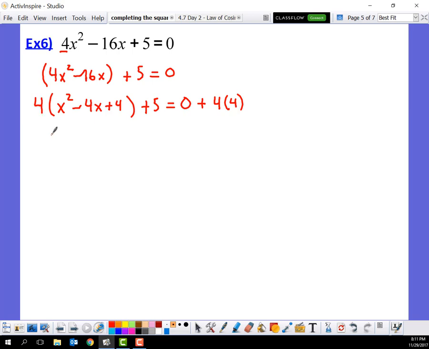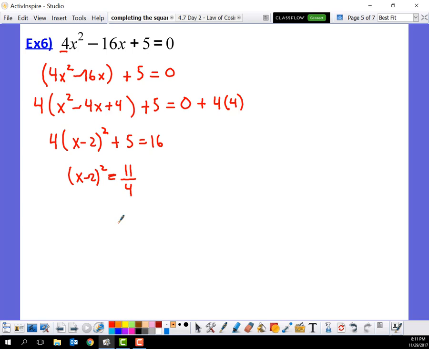Okay, so let's go through this and clean this up. We've got 4 times x minus 2, the quantity squared, plus 5 equals 16. Let's do some algebra magic here to get x minus 2 squared by itself. We get x minus 2 squared all by itself by doing two things: subtract 5 on both sides, divide by 4.